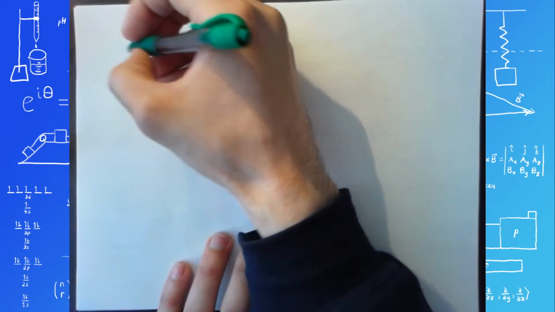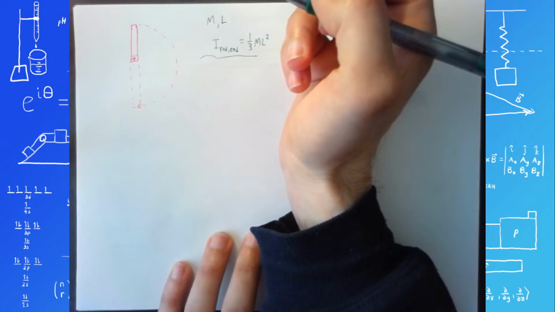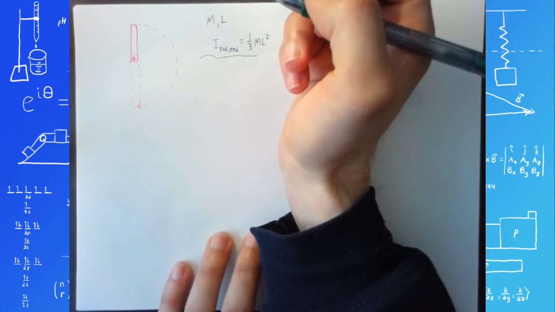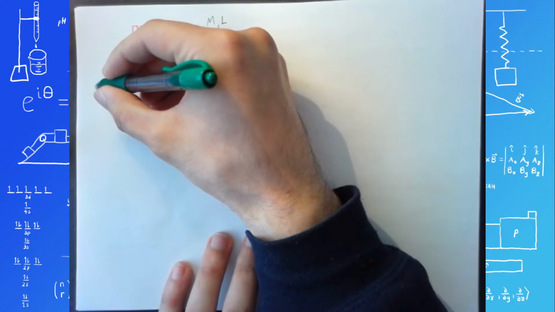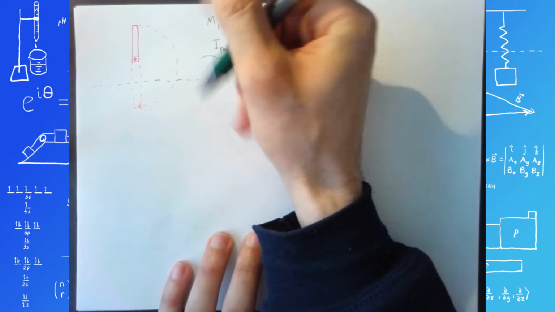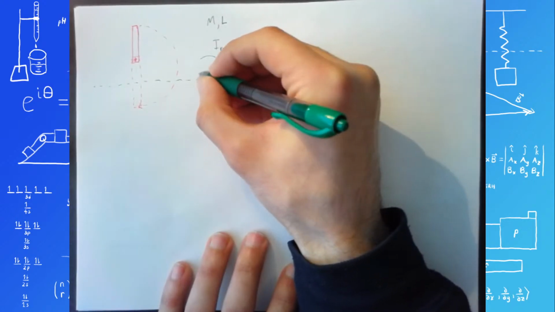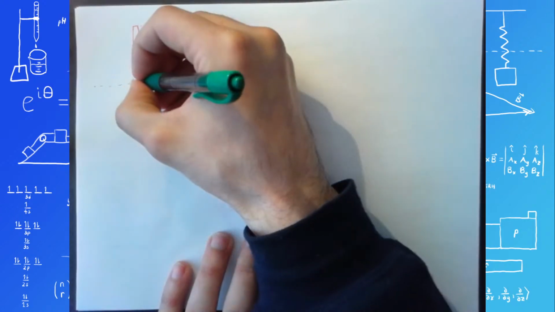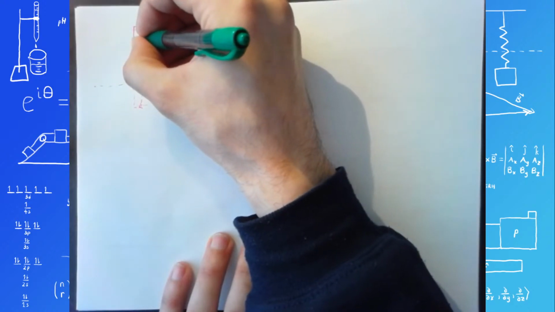So let's say that this thing started, well, how do I want to define height here? I'm going to define my h equals 0 line over here. Why here in particular? Well, that's where the center of mass is going to end up.